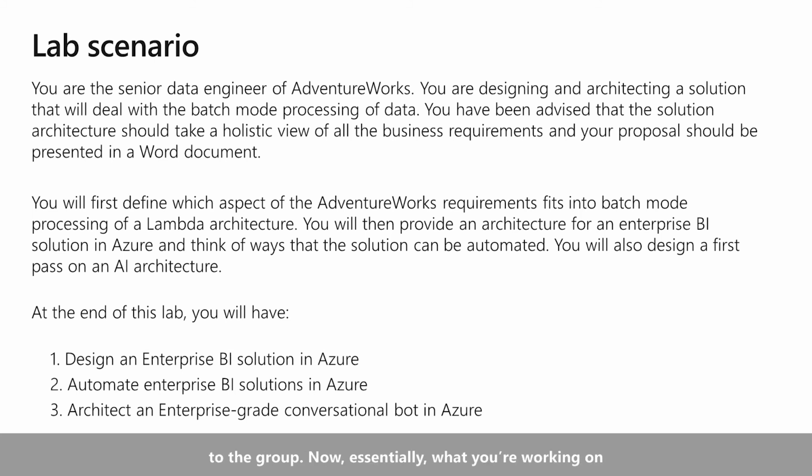Now, essentially, what you're working on here is roughly 45 to 50 minutes. That group works on the 3 objectives, thinking about enterprise BI solutions, automating that, and architecting enterprise grade in the context of that case study.